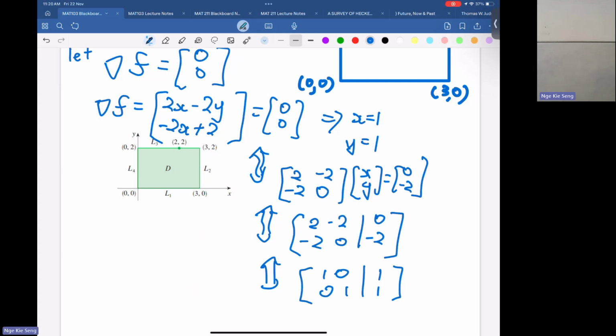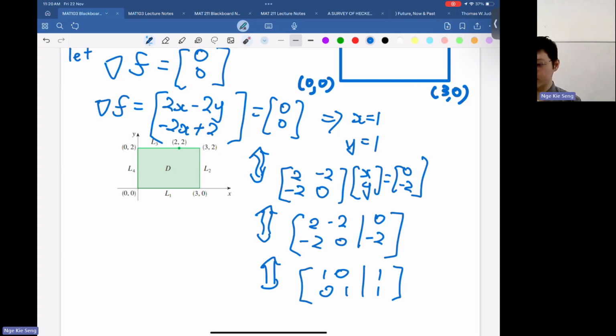Determinant, negative 4. Non-zero. Non-zero determinant means what? This matrix is invertible. Every invertible matrix can be row reduced to the identity matrix.